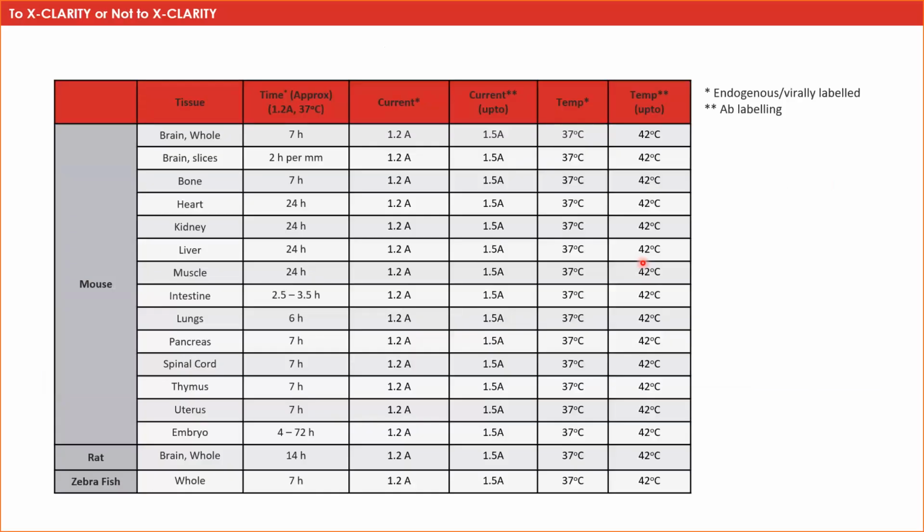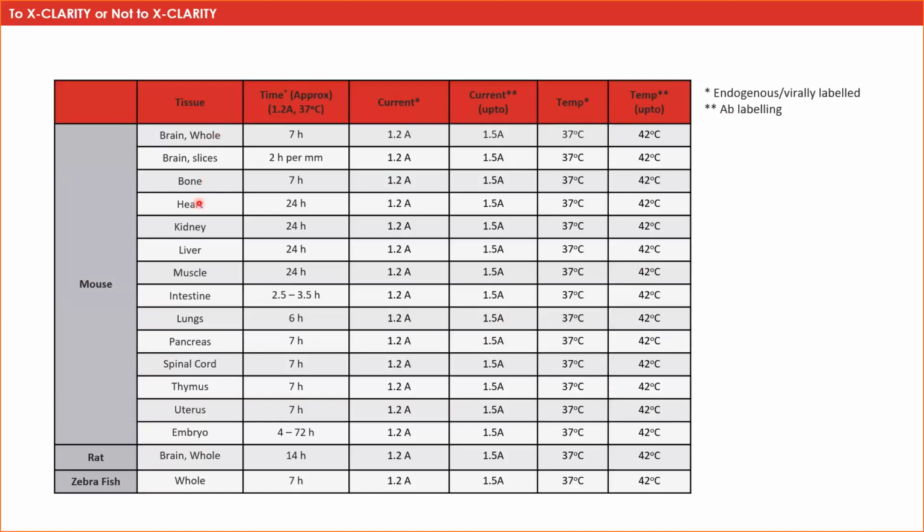Now, as I mentioned earlier, there's no real difference in the protocols that you use based on your temperature or your tissue type. The only real difference in tissue type is time. For example, a whole adult mouse brain may take anywhere from 7 to 10 hours, while the heart may take up to 24 hours. Where the differences come in is whether or not the sample is endogenously labeled.